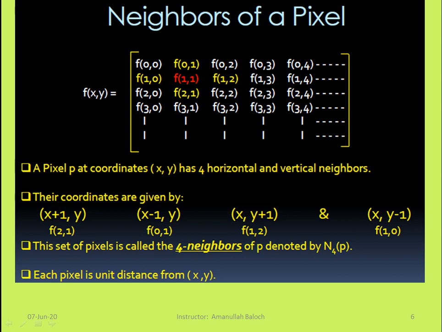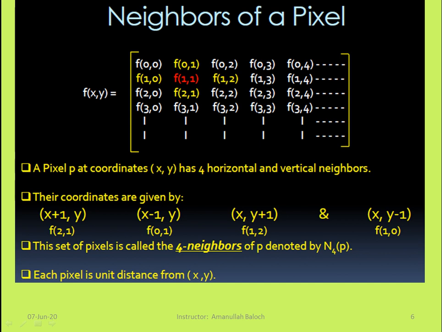A pixel p at coordinate x, y. This is the red color pixel. Let's suppose we say that this is p. It has 4 horizontal and vertical neighbors. So these are 2 horizontal and these are 2 vertical, total 4 horizontal and vertical neighbors. Their coordinates are given by f of 2, 1, this is f of 2, 1, this is f of 0, 1.